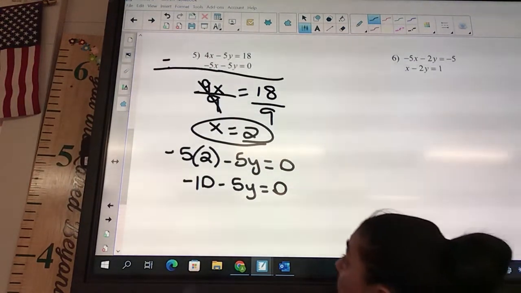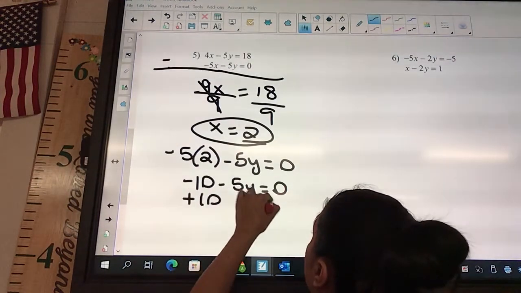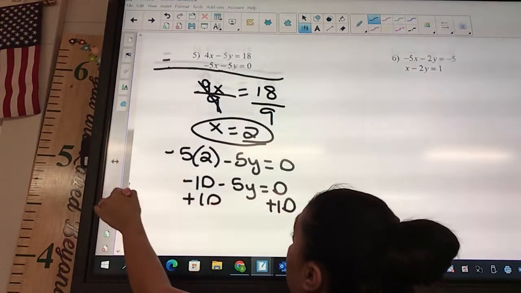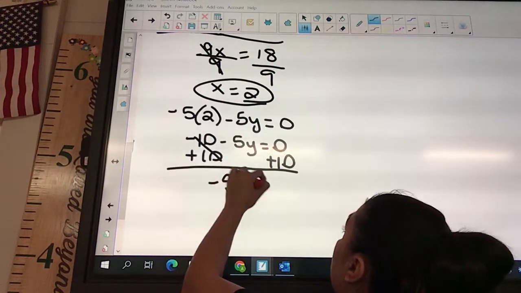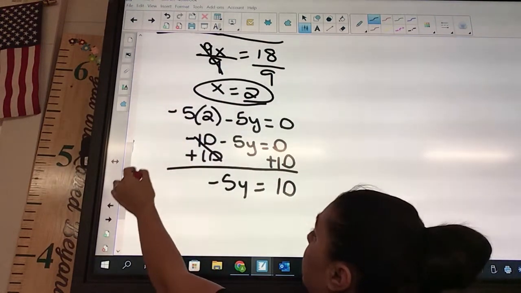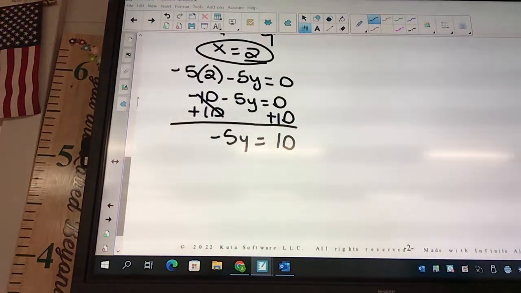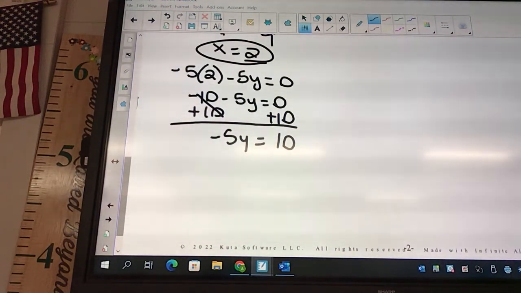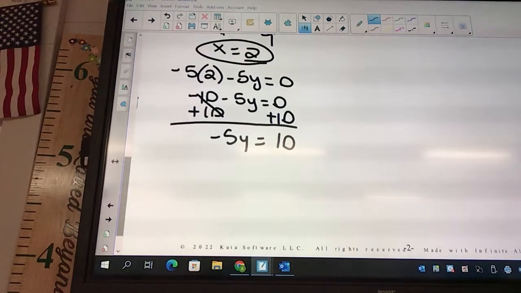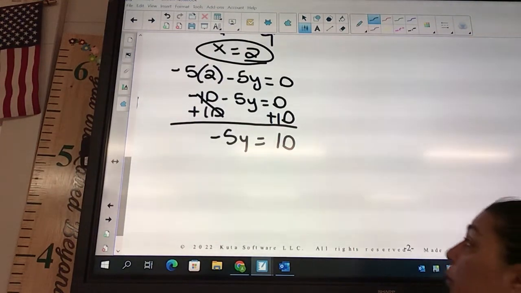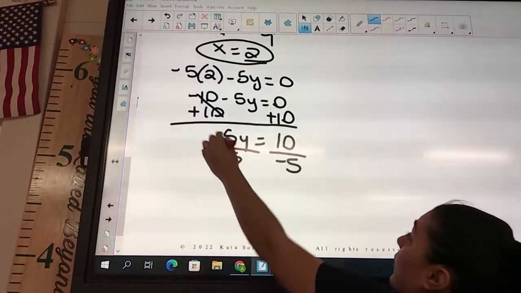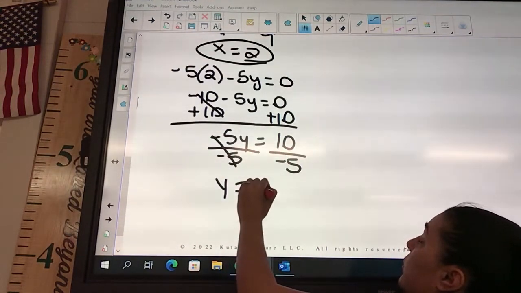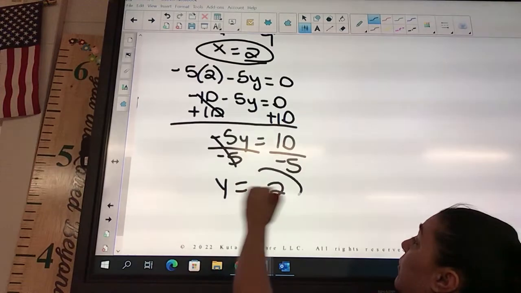Then you're going to add 10 on both sides, so I got negative 5y equals 10. And then we're going to divide by negative 5, so you got y equals negative 2.